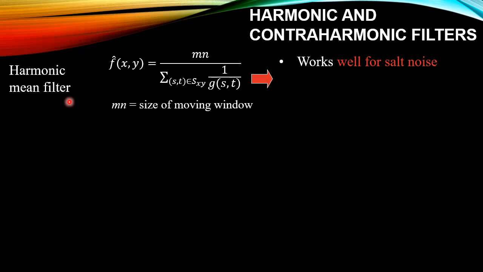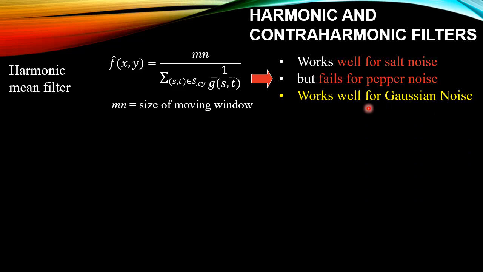We have seen salt and pepper noise: salt means the white pixels or white impulses, and pepper means the black impulses. So it works well for salt noise, but it fails for pepper noise, and it works well for Gaussian noise.